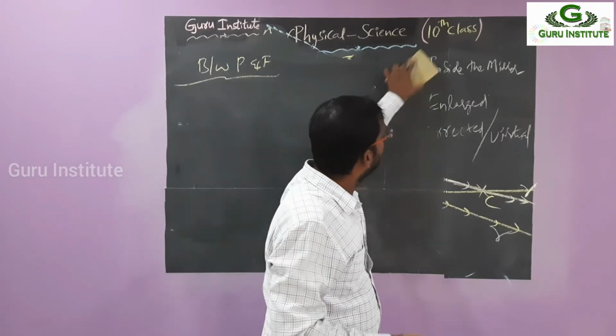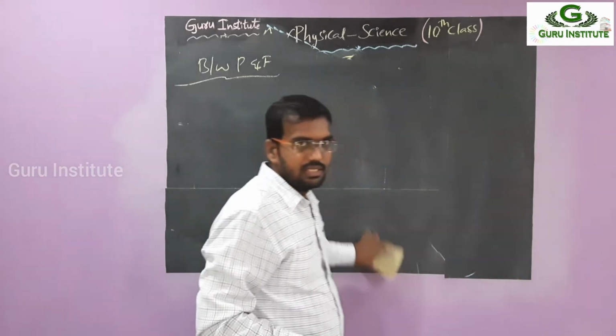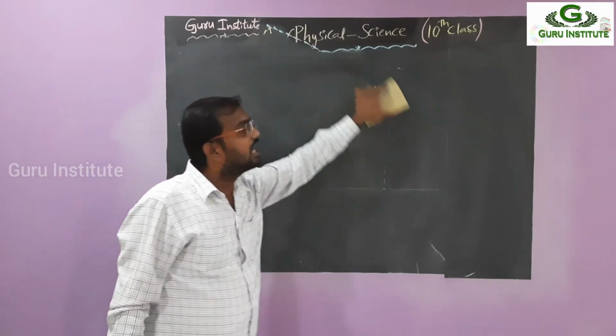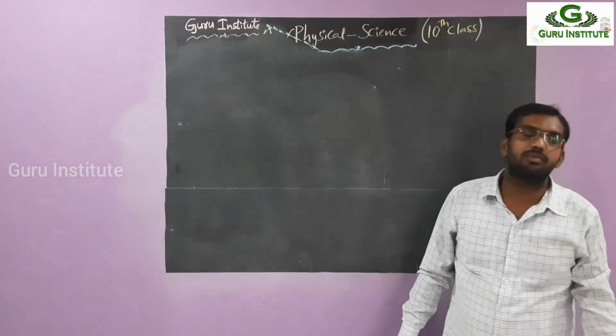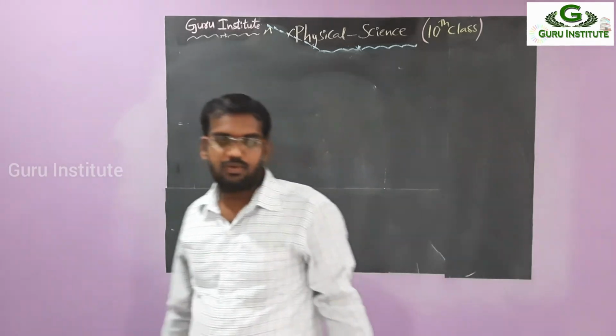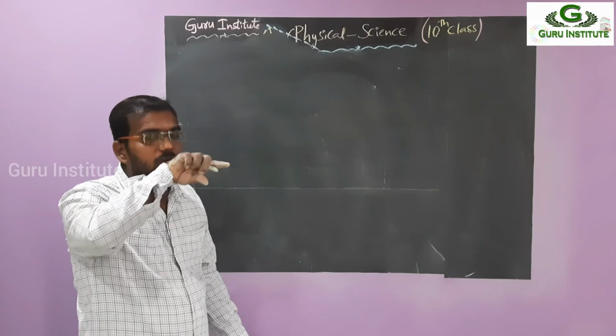So what is the nature of the concave mirror? Concave mirror always produces a bigger image, as we already saw in the last video, and it is an inverted and real image. But in this case, between P and F, it produces a virtual image, not a real image. So this is about the total cases.